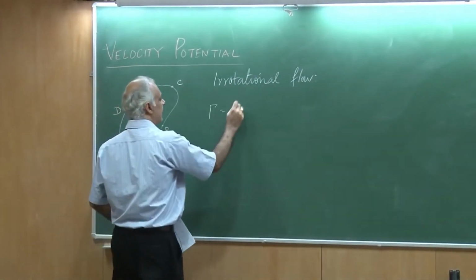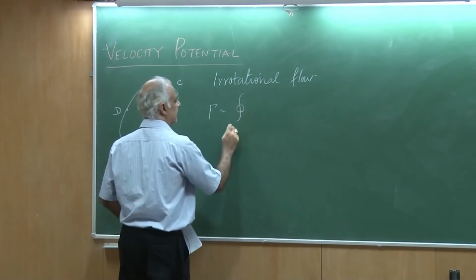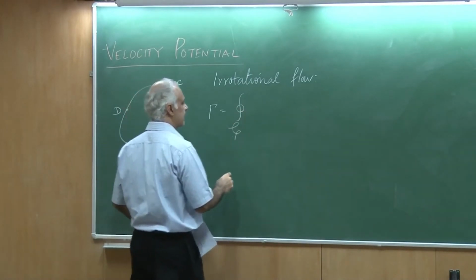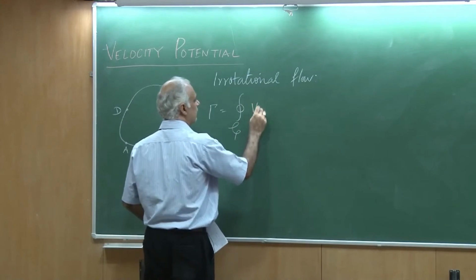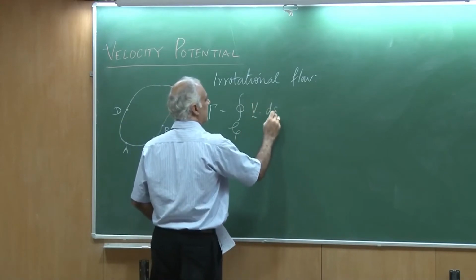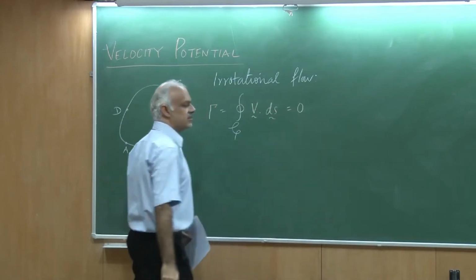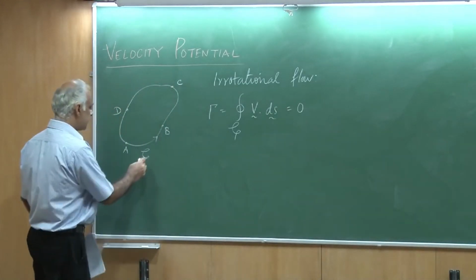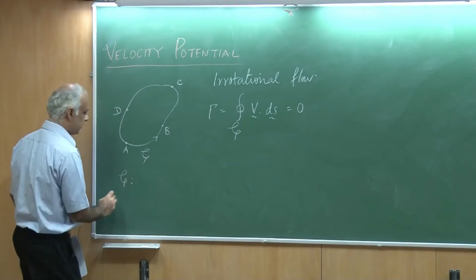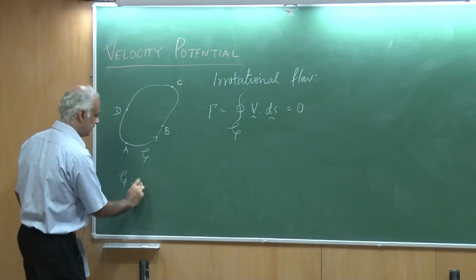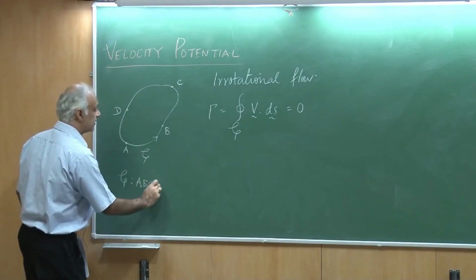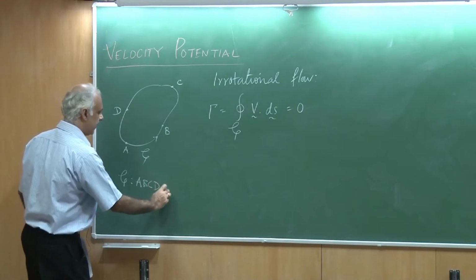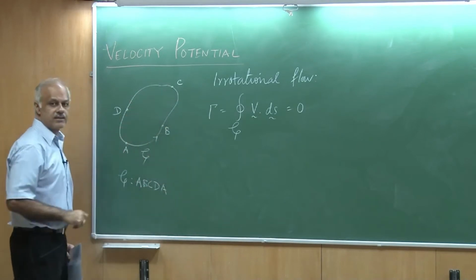So, gamma is defined as the circulation on this closed curve C, the integral of V dot ds, and this is 0. Now, the curve C, as you can see, goes in this manner A, B, C, D, A. So, I just have to go around it.